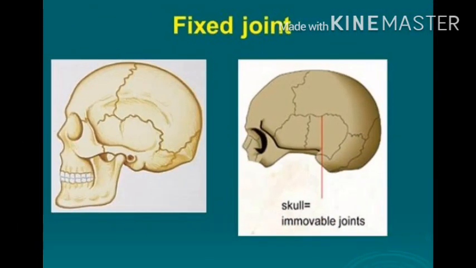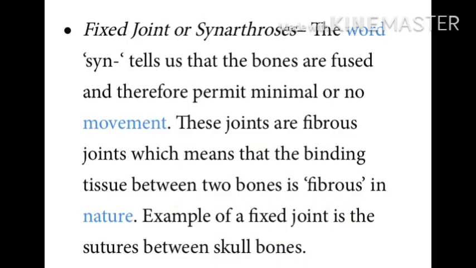Now the fixed joint. The joint about which movement of bone is not possible is called fixed joint. The zipper-like joint of the cranium, the brain's case, is a fixed joint. Fixed joints, or synarthrosis.